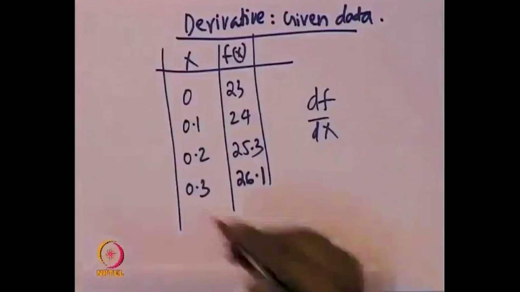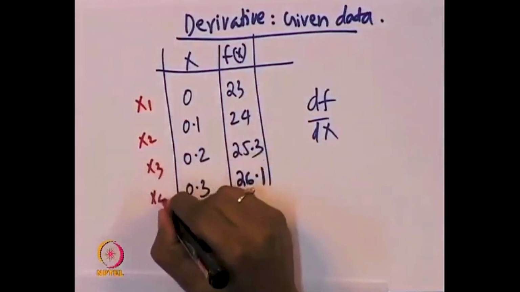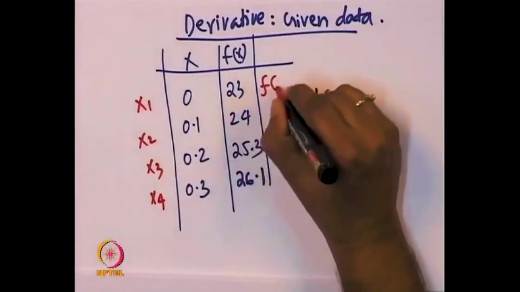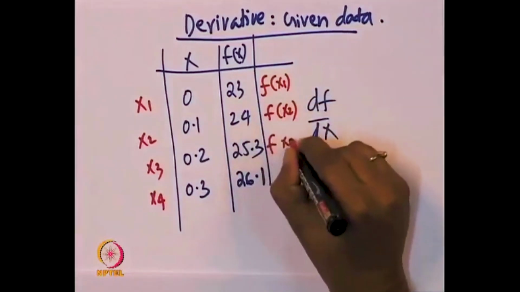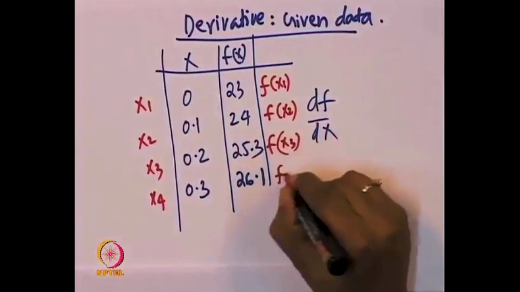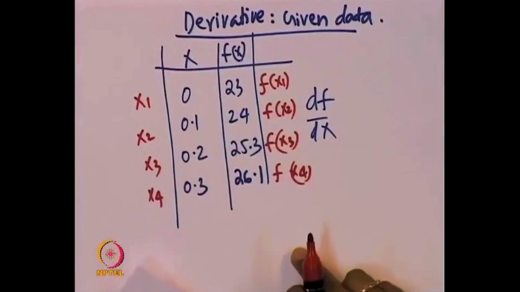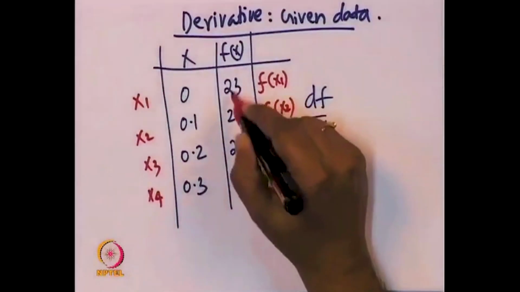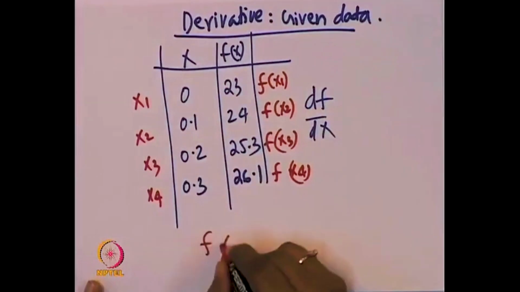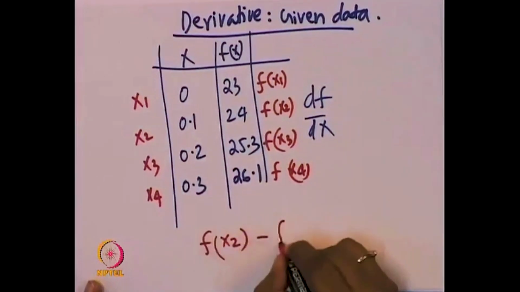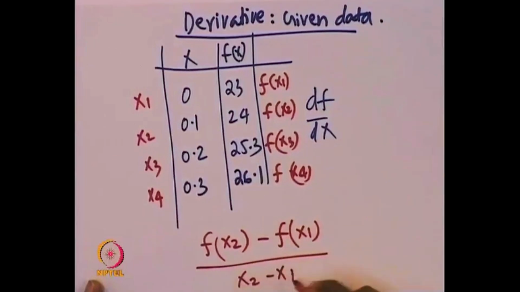What we have here is x 1, x 2, x 3, x 4, and f of x 1, f of x 2, f of x 3 and f of x 4. To find the slope between these two, I can do f of x 2 minus f of x 1 divided by x 2 minus x 1.